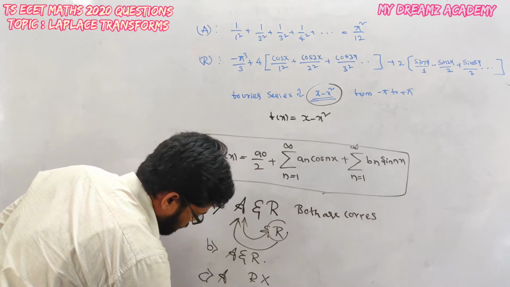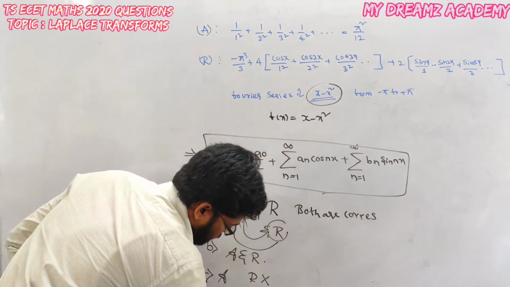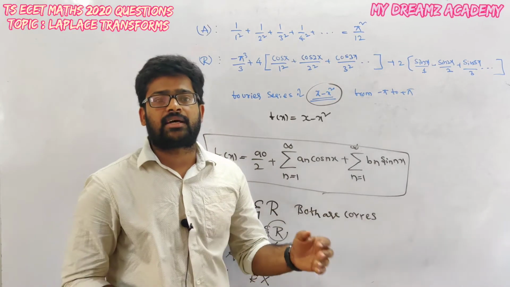And option D: assertion is wrong, reason is correct. This is the new type of question.